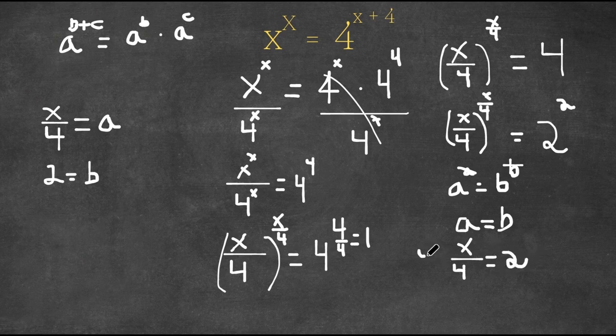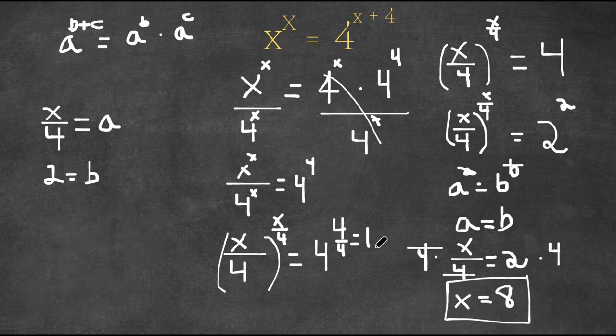If we multiply both sides by 4, these two cancel out, so we're left with x equals 2 times 4, which is 8. So x equals 8.